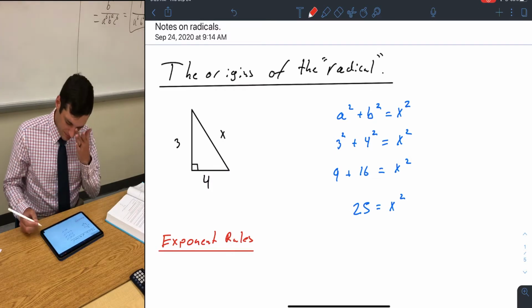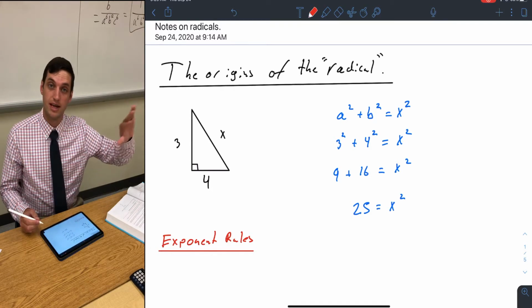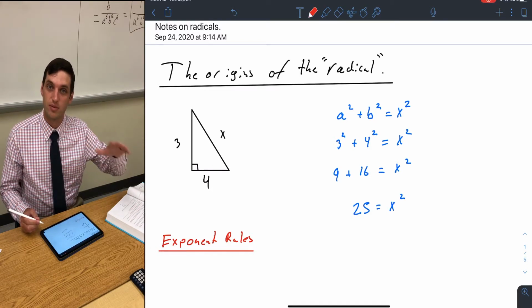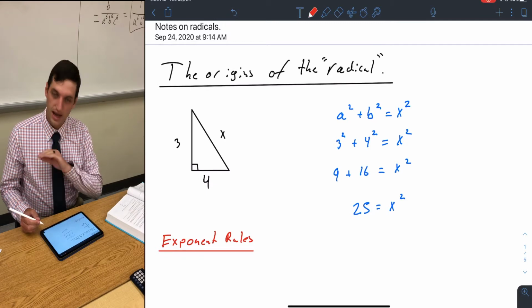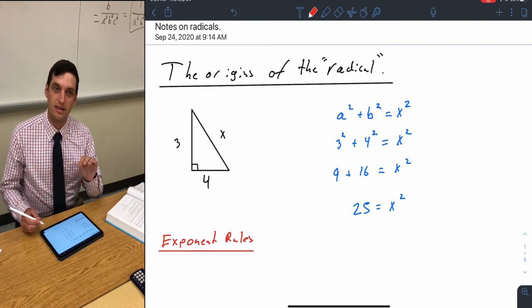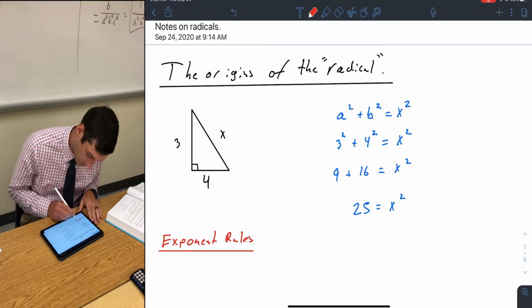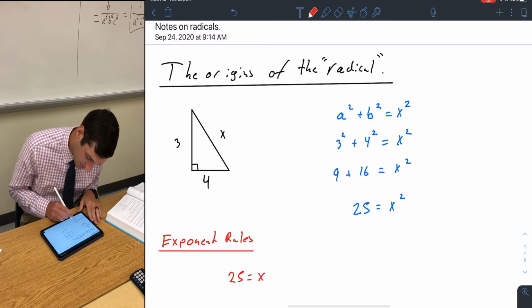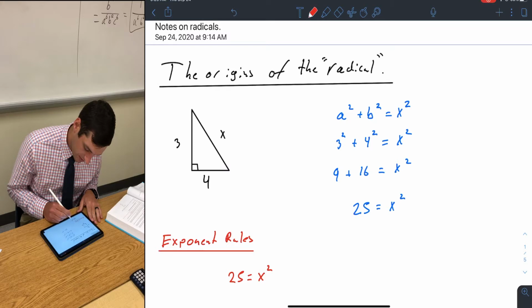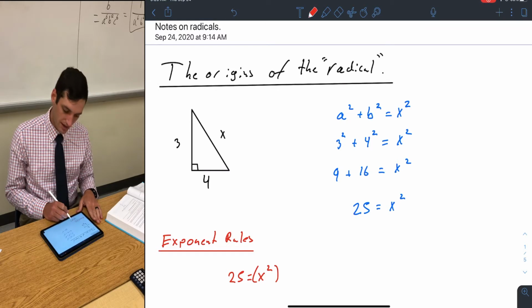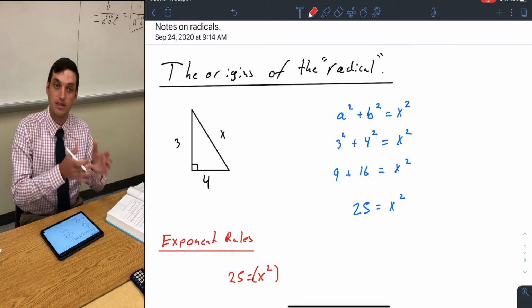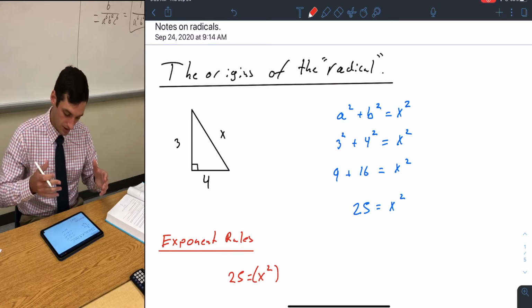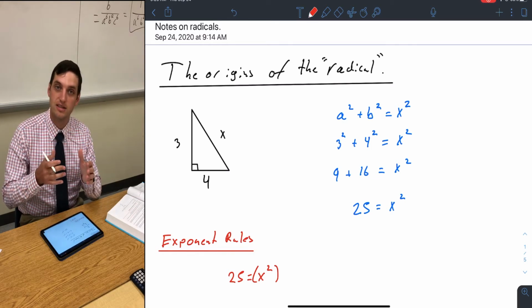Now, knowing what we've learned in the last couple videos, how would we find that x? Well, we have 25 is equal to x squared. Now I know that there's a way that I can make that a 1, because x by itself is x to the first power, so I'm wanting to get that x to 1.